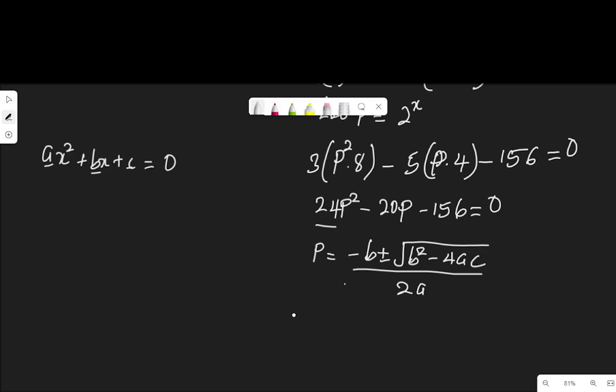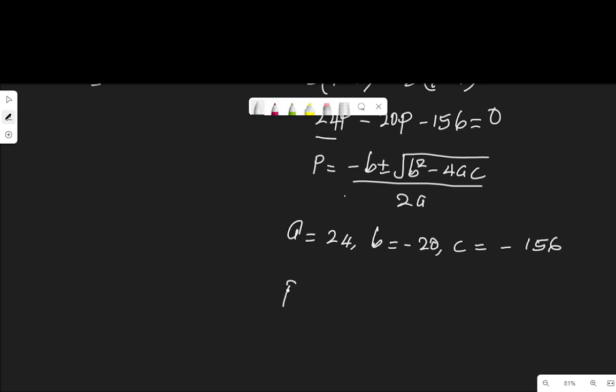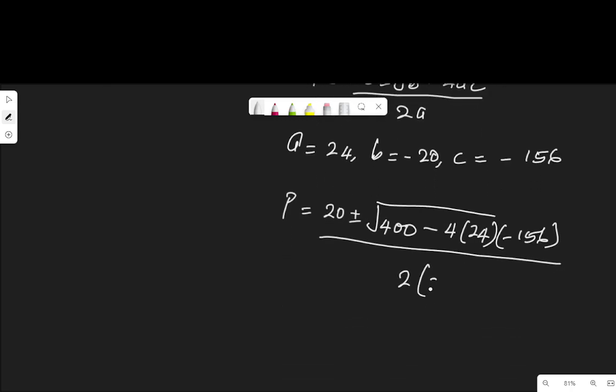If I plug these values into the formula, p becomes negative times negative 20, which is positive, so it becomes 20, plus or minus root of negative 20 squared, which is 400, minus 4 multiplied by a, which is 24, and c is negative 156, all over 2 multiplied by 24.